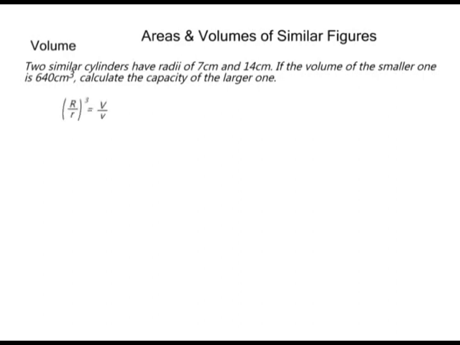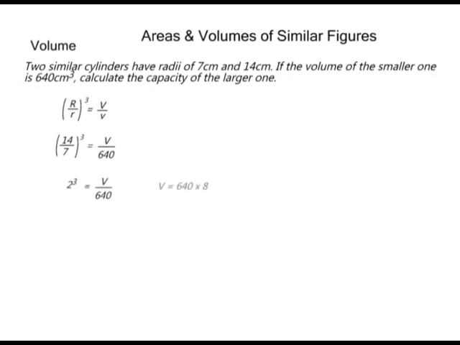Radius of the large over radius of the small, cubed, is equal to volume of the large over volume of the small. 14 over 7, cubed, is equal to large volume over 640. We divide 14 by 7 to get 2, and so 2 cubed is equal to V over 640.